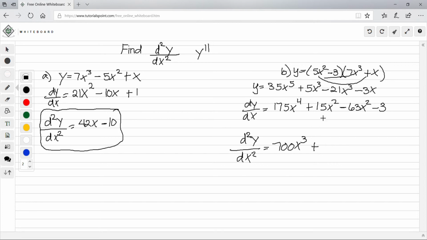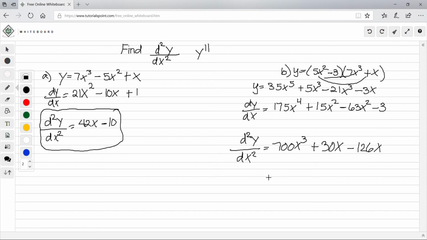Plus 15 times 2 is 30x, 2 minus 1 is 1, so it's just x. Minus 63 times 2 is 126x, 2 minus 1 is 1, so it's just x. And then the derivative of a constant is just 0.